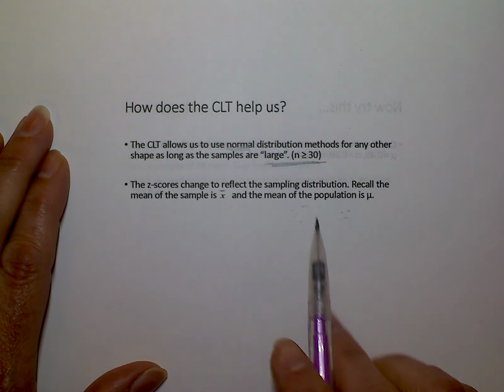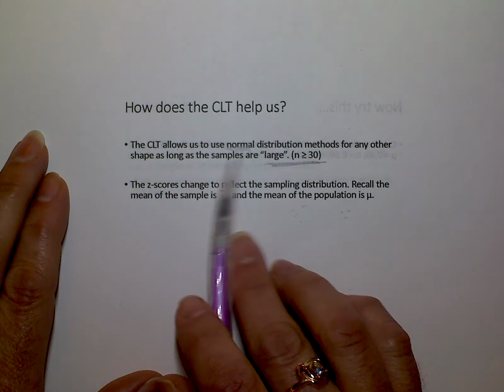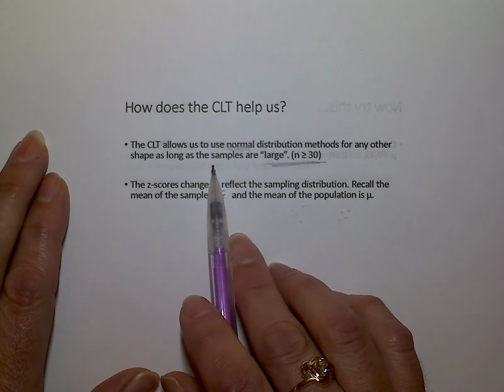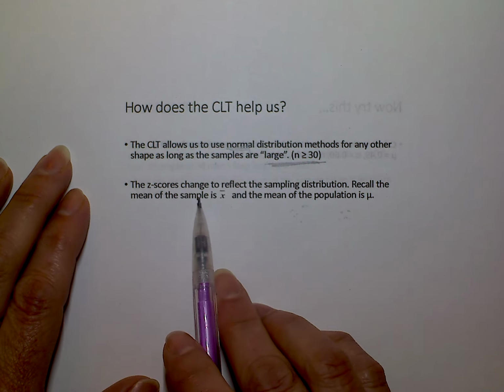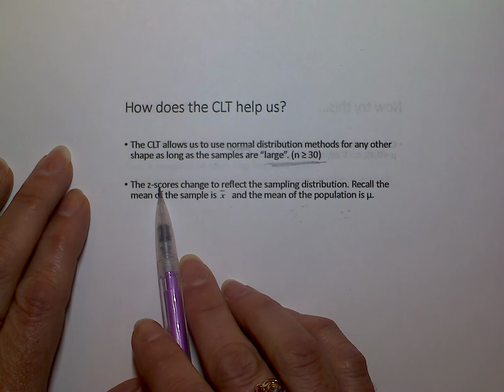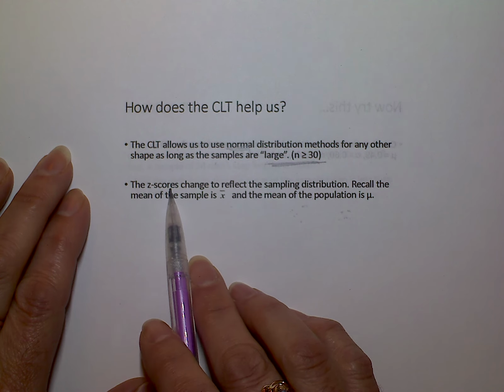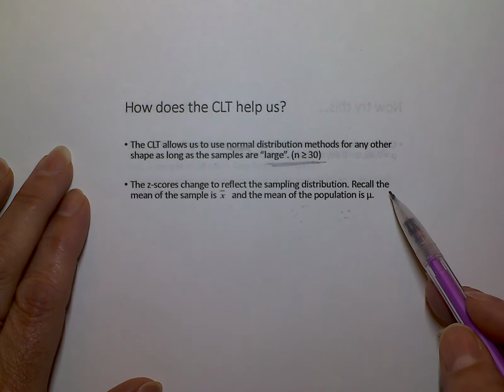So as long as the samples are large, we can use these normal distribution methods to find the mean of the sample means and the standard deviation of the sample. So the z-scores are going to undergo a change here to reflect the sampling distribution.